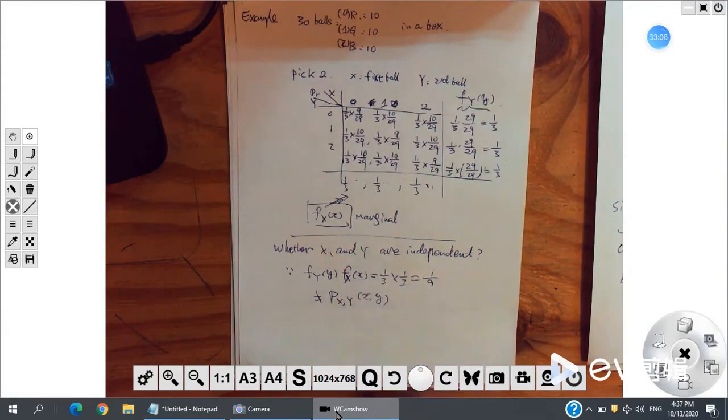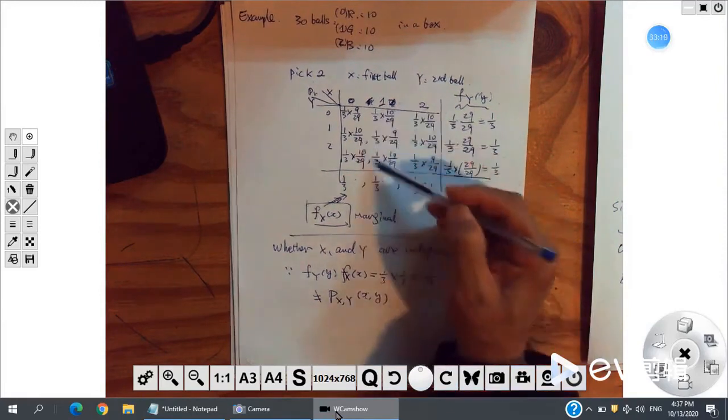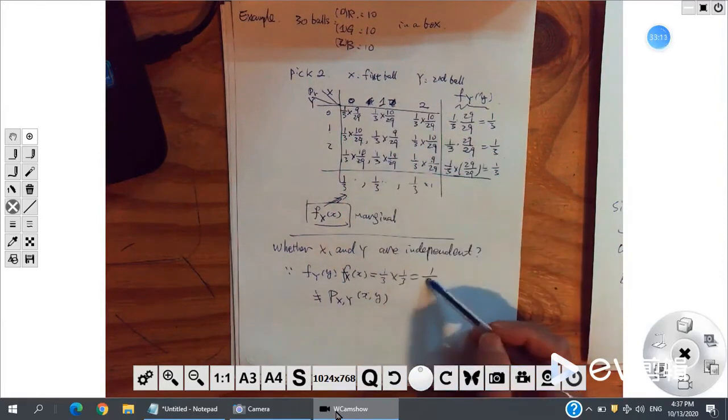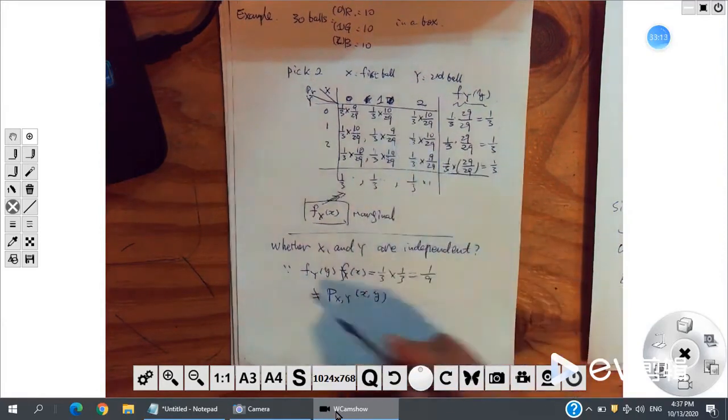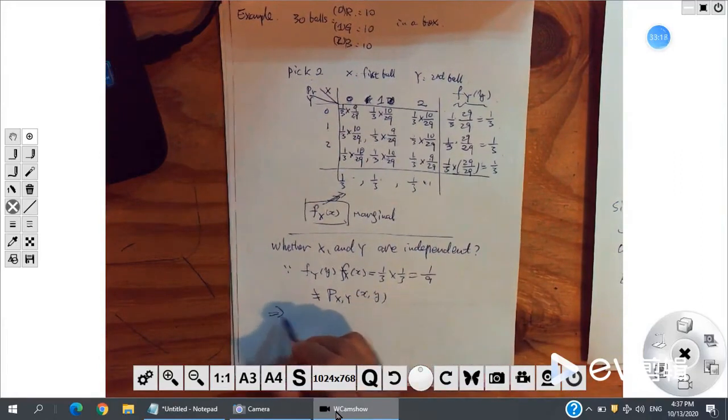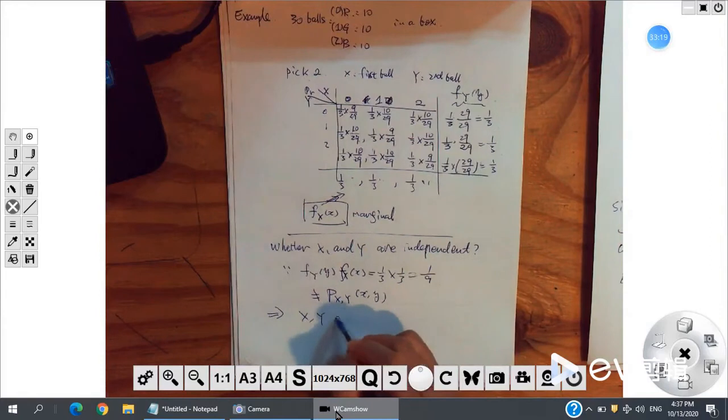You cannot have 1/9. All of these are not 1/9, right? So they can't be equal. Then we say X and Y are not independent.